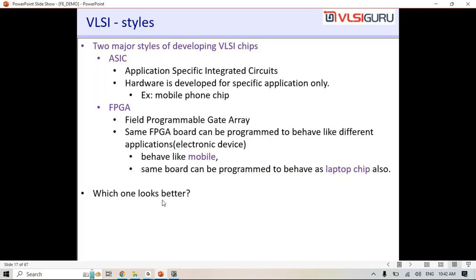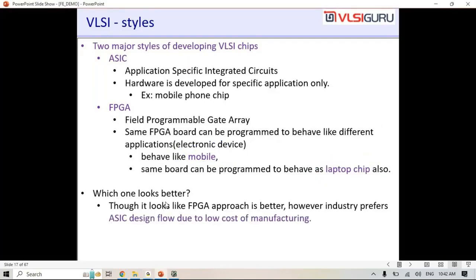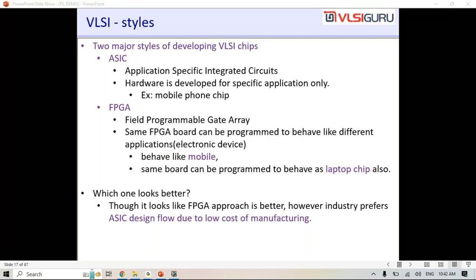Just looking at this slide, which one do you think is better option? FPGA. Because why it looks better? You're able to use same thing as a mobile, same thing as a laptop chip. So you have flexibility. Though it looks FPGA is better, industry prefers ASIC design flow due to the low cost of manufacturing.